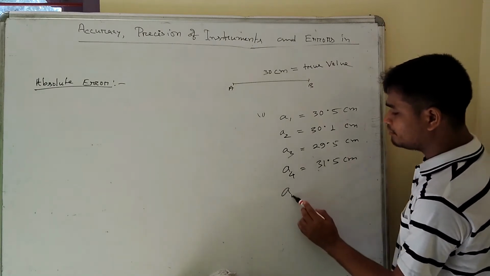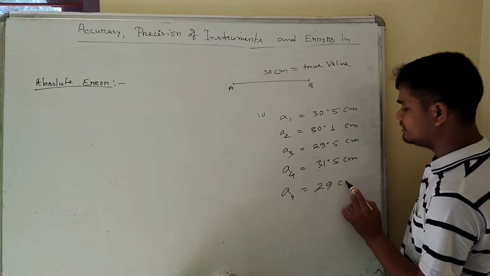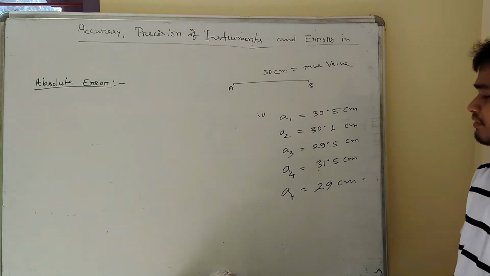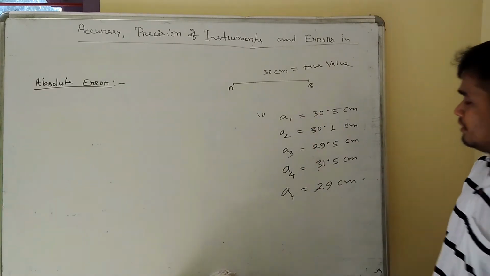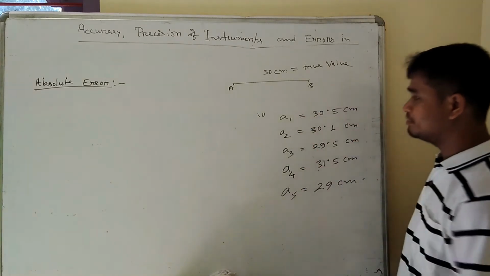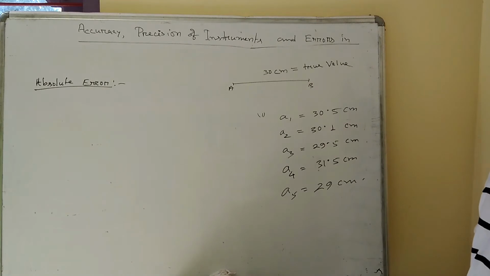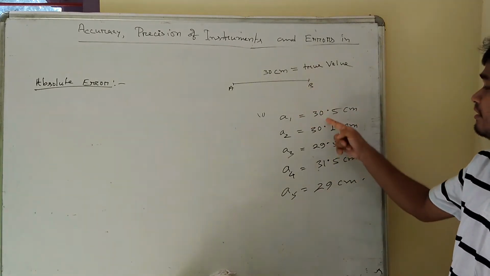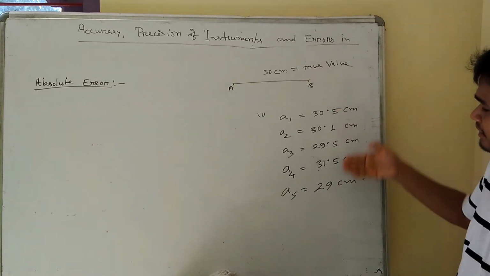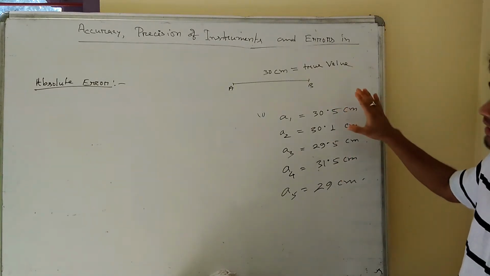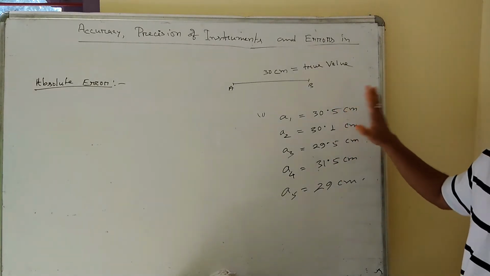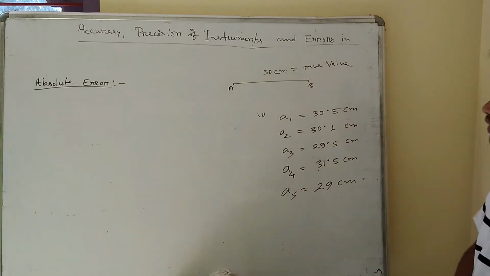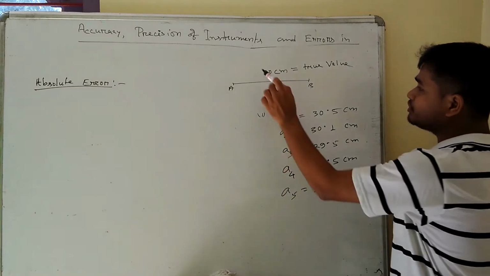Another boy gets the value as 29 centimeter. These are the values in the different boys' measurements. Here, the exact value is 30 centimeter, and they get values like this, and there is always some error. Now, absolute error we are going to measure.